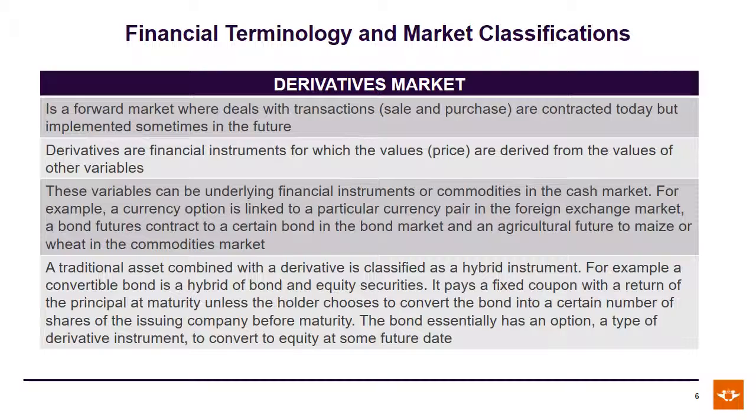And funnily enough, if you combine a derivatives contract with a traditional asset, so say you attached an option to a bond, a fixed income security, so that if conditions were favorable, you could convert that bond into shares, you've created a hybrid security.